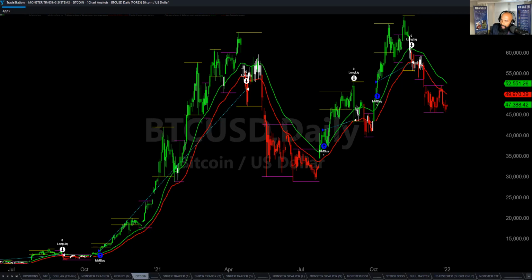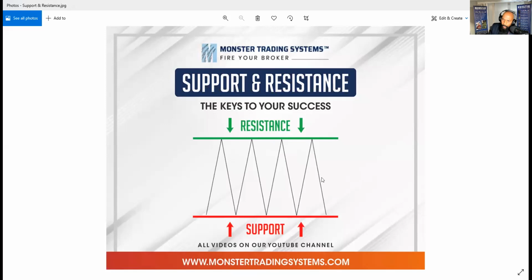Let me share this screen with you guys here. So when we trade, we want a break of resistance to buy. That means the buyers are in. The green line there is resistance. The red line here is support.